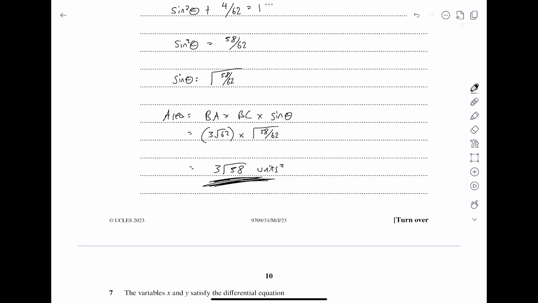We know the magnitude of BA. We know the magnitude of BC. And we know the magnitude of sine theta. So therefore, we have 3 times root 62 times root 58 over root 62, which gives us 3 root 58.